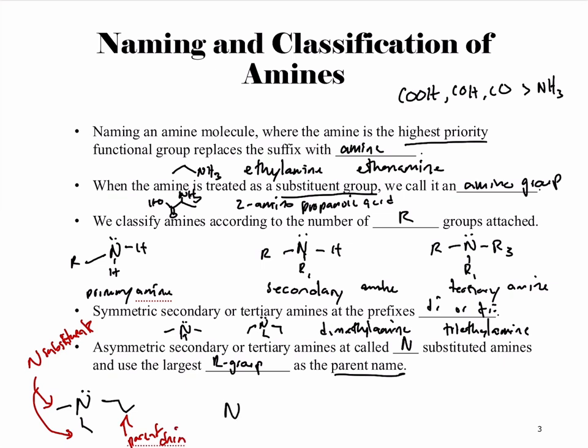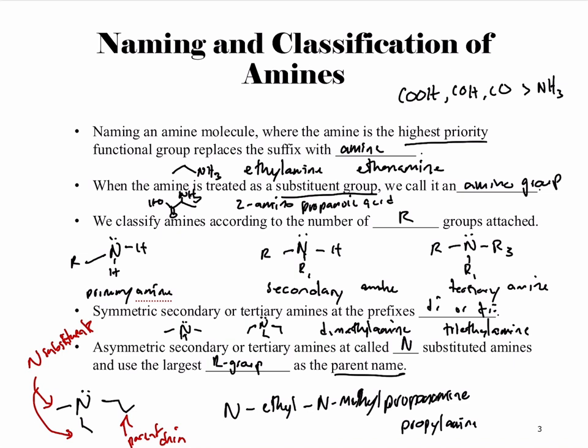And so we would say this is N-ethyl, N-methyl. So we list these in alphabetical order, and then it'll be propanamine or propylamine. So both of those would be acceptable, right?